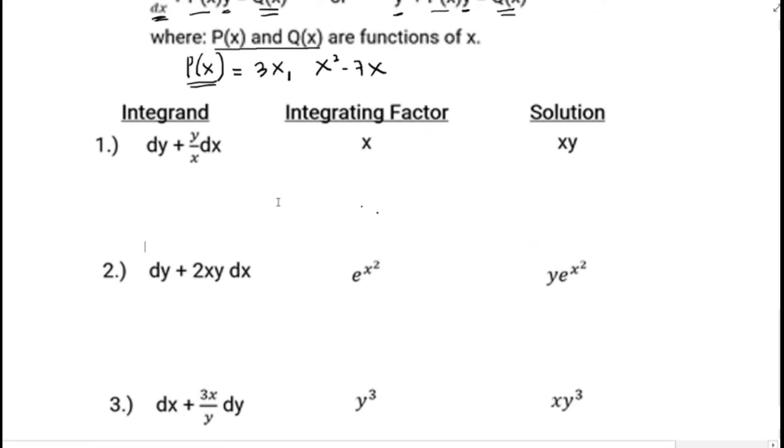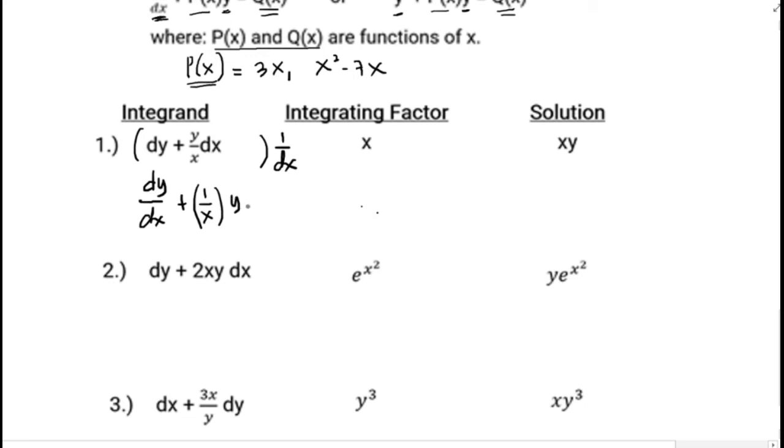Now, let us relate this standard form to our previous examples of integrands. The first example is dy plus y over x dx. To come up with a standard form, we multiply these two terms by 1 over dx. The product is dy over dx plus, canceling dx, we have y over x. But I have to write 1 over x separately from the variable y.